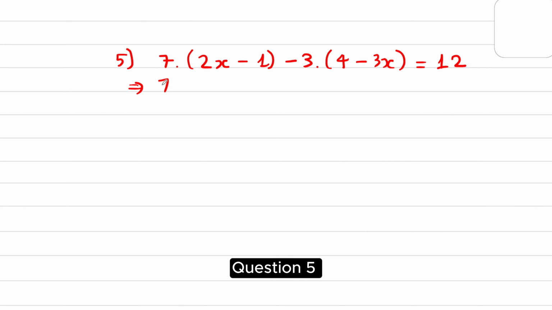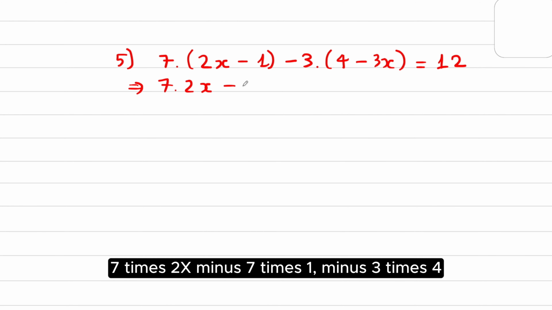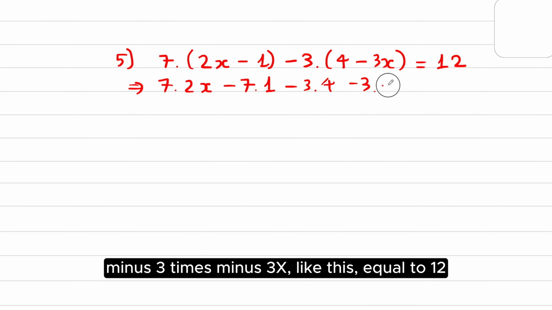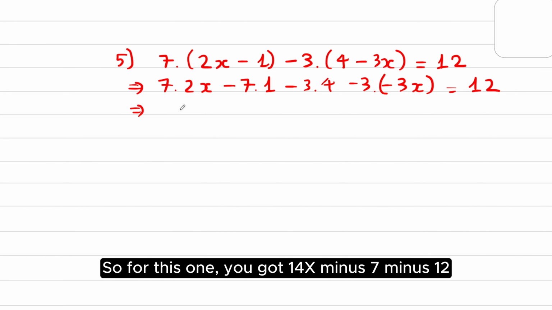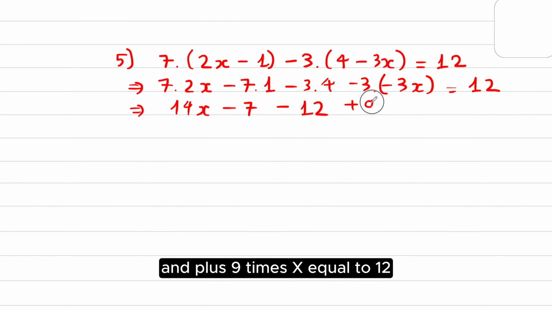Question 5. 7 times 2x minus 7 times 1 minus 3 times 4 minus 3 times minus 3x like this equal to 12. So for this one you get 14x minus 7 minus 12 and plus 9 times x equal to 12.